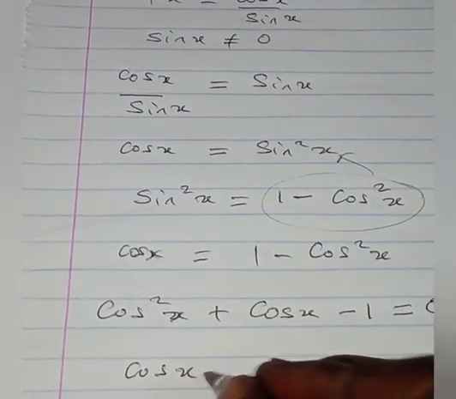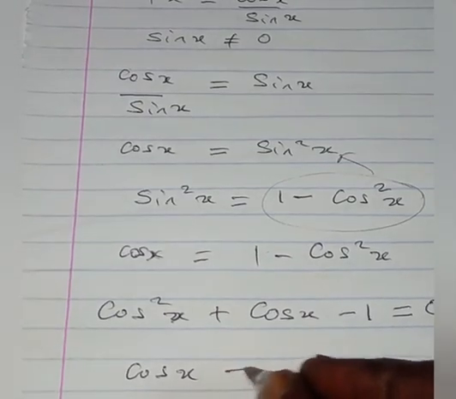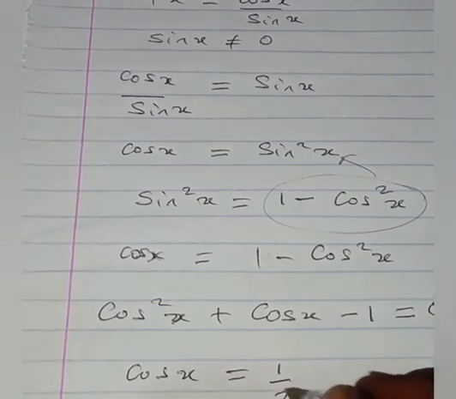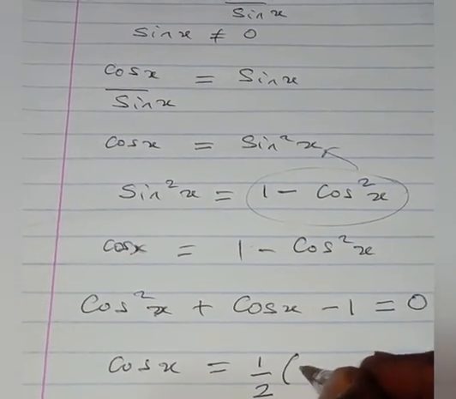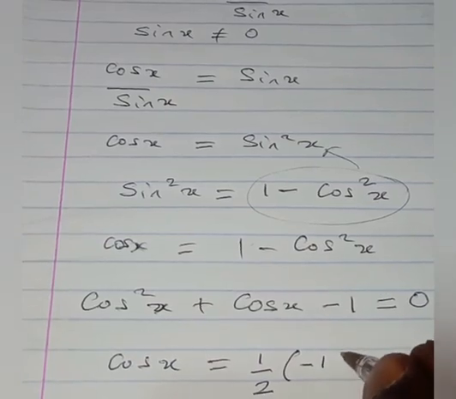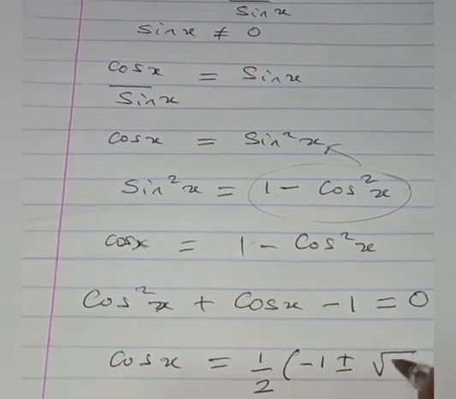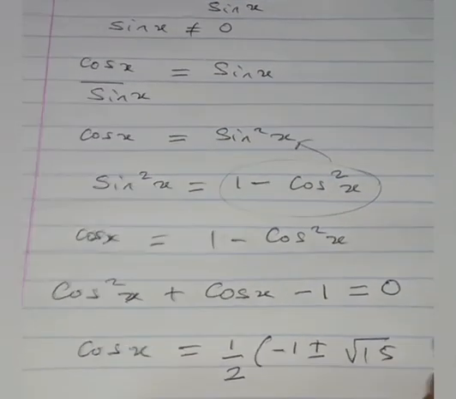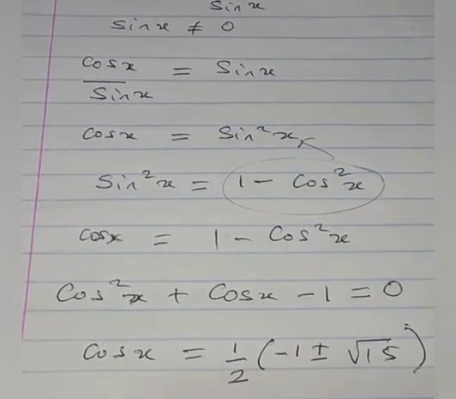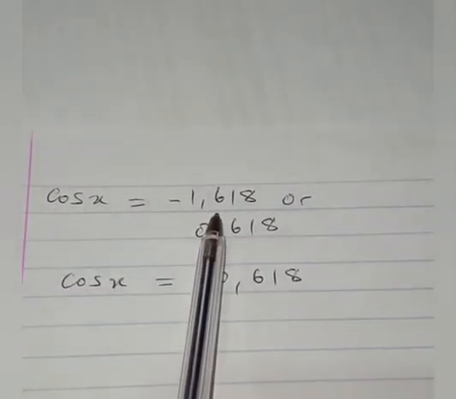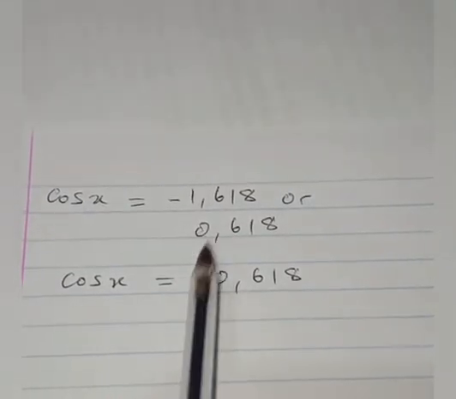cos x is equal to 1 over 2 times minus 1 plus or minus the root of 5. Now, when we solve that, we are going to get this value or this value.